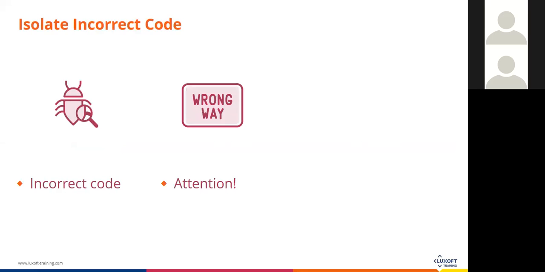If you have some incorrect code and you would like to go some wrong way, somebody will stop you. Who will stop you and tell you that you shouldn't go that way? Of course, the unit tests.